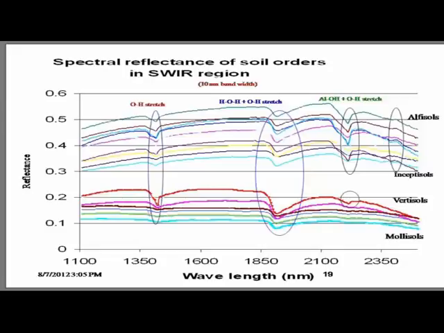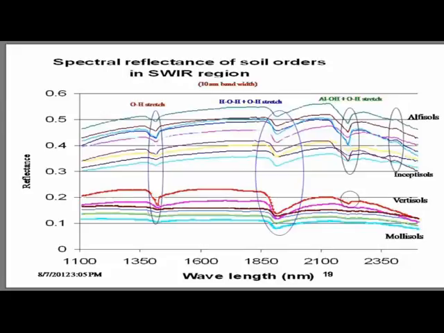As I told, this is maybe because of hydroxyl groups, maybe adsorbed water, because of which you will be able to differentiate mollisols, vertisols, inceptisols, and alfisols, which I have discussed in the previous slide, and you might also know from the mineralogy class.